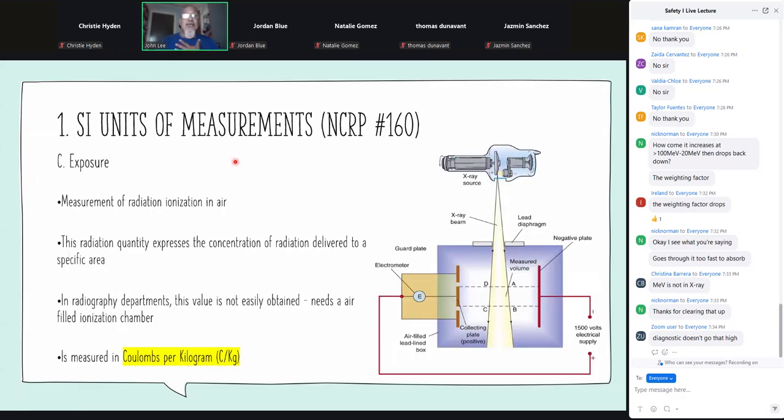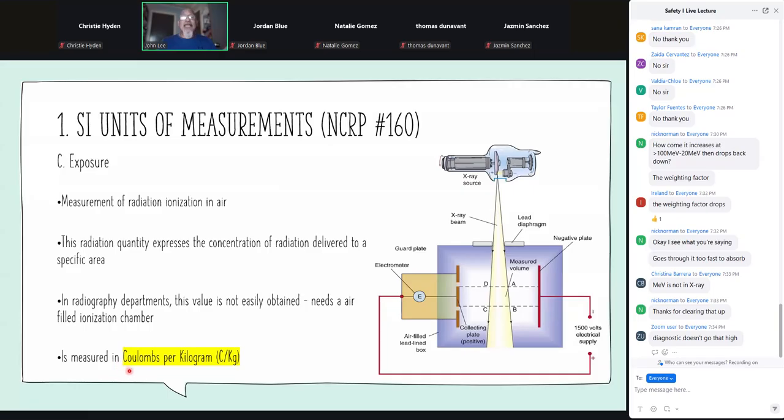So the next unit we look at is exposure. Now, this is a measurement of radiation ionization in air because we can't measure ionizing radiation directly. We have to use a medium, and that medium is air. So this radiation quantity expresses the concentration of radiation delivered to a specific area.